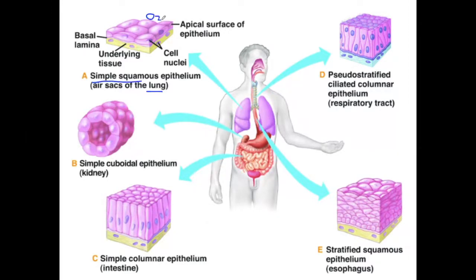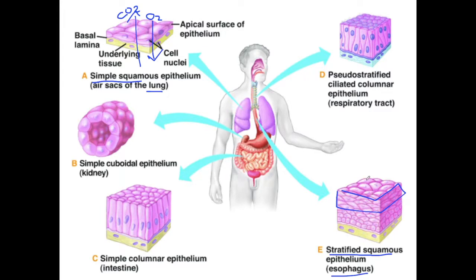A lot easier for oxygen to diffuse through something that's one cell layer, and it's a lot easier for CO2 to find its way out. If we look at the bottom right corner with stratified squamous, now we have multiple layers of those flat cells. We're going to find this either in the skin, or we could find it in the esophagus, right? It's stratified squamous. We need protection over there.